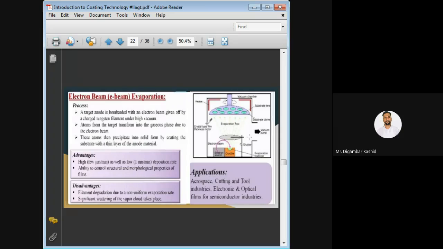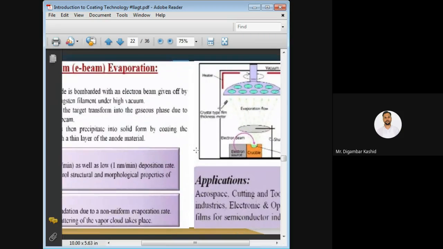You can see in the diagram that electron beams are used. I repeat, from the name itself we can understand that here we are using electrons, bombarding the source or precursor material, which releases certain kinds of ions, molecules or plasma that directly deposit onto your substrate.